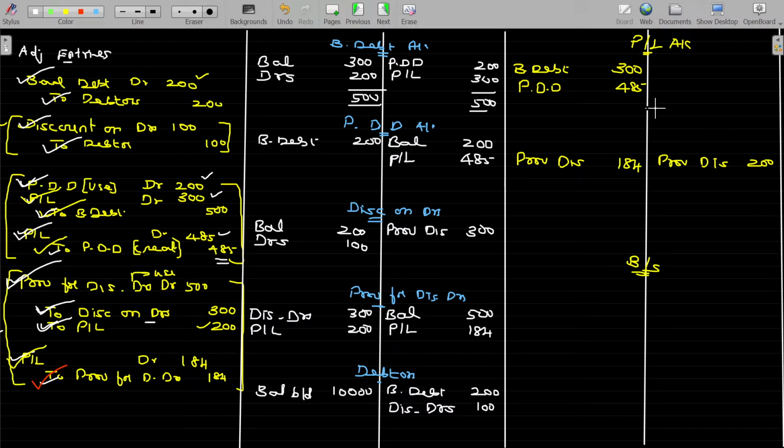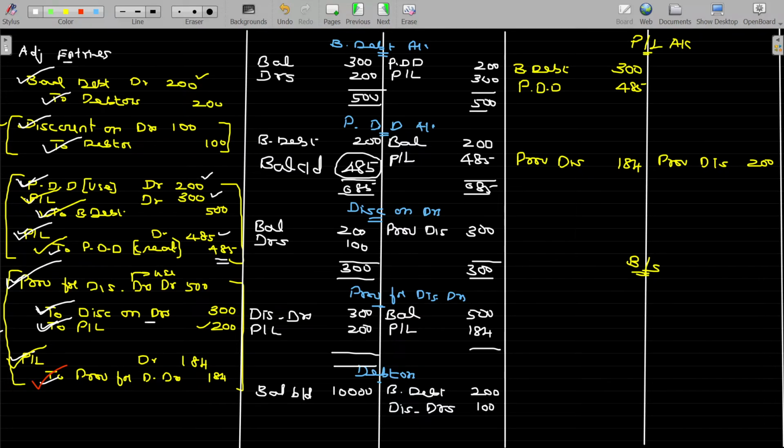And PDD account, if I tally this, 685, we end up with 485 as a balance carried down. Discount on debtors is a nominal account, so it will not have any balance, got eliminated.